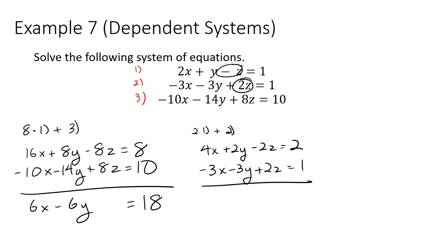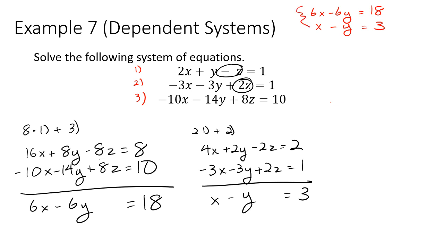So if we add those up, we get x minus y, the z's cancel, is equal to 3. And so now we've got a new system of equations. 6x minus 6y is equal to 18, and x minus y is equal to 3.